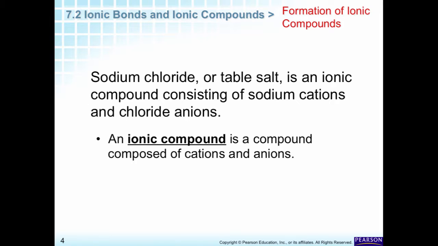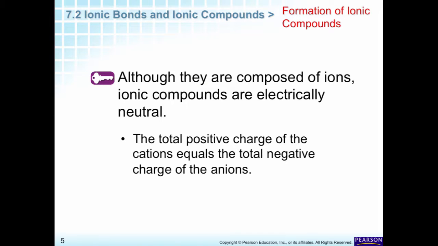So an ionic compound is composed of cations and anions that are joined together. As I said, they're electrically neutral. If you want a nice definition, the total positive charge is equal to the total negative charge.